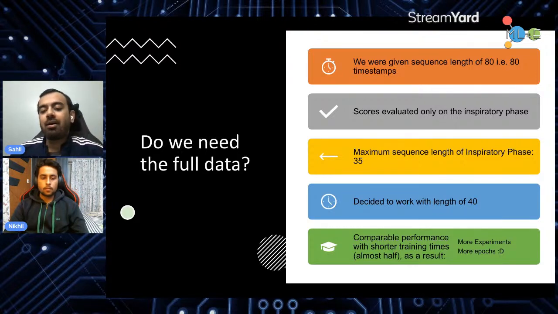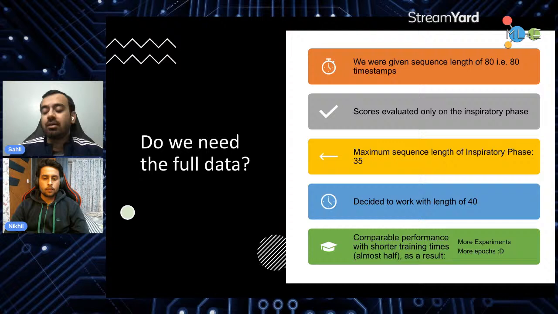Since the performance is comparable, the major advantage was that training times became significantly shorter. It almost reduced by half because we were working with a lot less data. As a result, we were able to do more experiments and iterate faster, which I believe is one of the crucial aspects of participating in a competition. Do not stick to one idea; rather, in the initial phases of the competition, try to experiment as much as possible, and later on you can have a more narrow approach and work on things that are giving you good results.